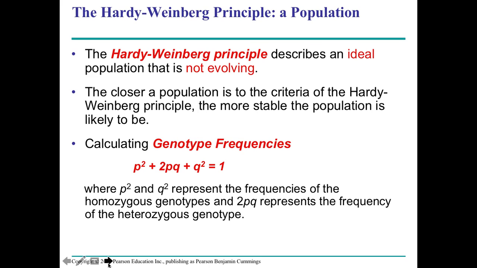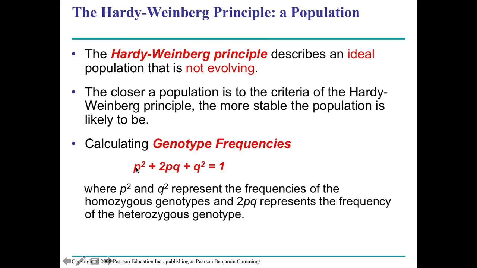But to actually calculate genotypic frequencies, or how often genotypes show up, we have to do some more work to this equation. So the equation is p² + 2pq + q² = 1. And that looks all kinds of crazy, but we're going to explain what that is. p² and q² represent the frequencies of the homozygous genotypes. p² is homozygous dominant, q² is homozygous recessive, and 2pq is how often the heterozygous genotype shows up.